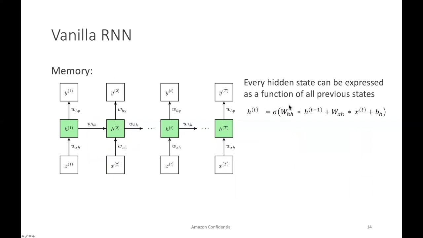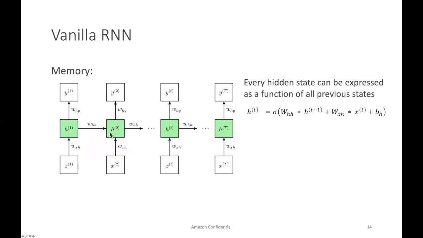So you can see that overall the equation looks something like this. This is the sigmoid function, the nonlinearity that we use in case of RNNs, which takes in a weight matrix multiplication of the previous time step hidden state.